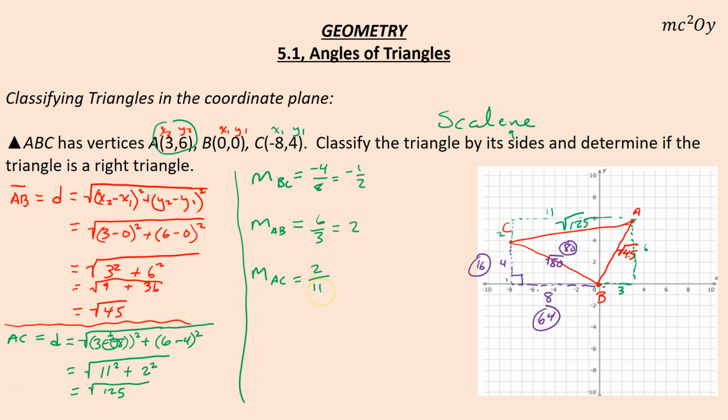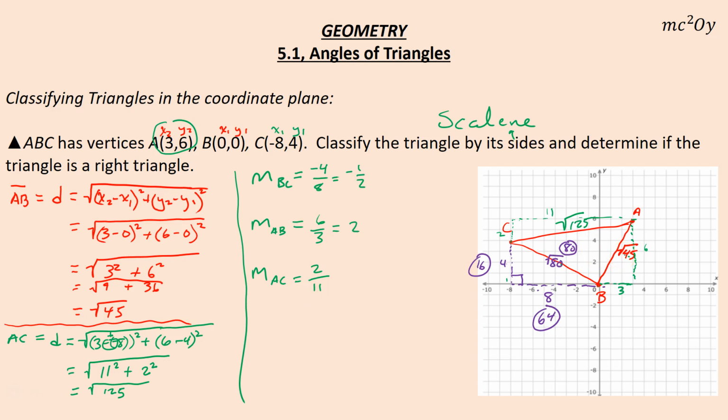Since my distance is based on the Pythagorean theorem, and the lengths of these sides are based on the distance, because I'm using these right triangles to help find this distance, if these slopes are all different, or the absolute values of these slopes are all different, excluding negatives, so I have 1/2, 2, and 2/11, since they're all different, that means these side lengths must be different as well.